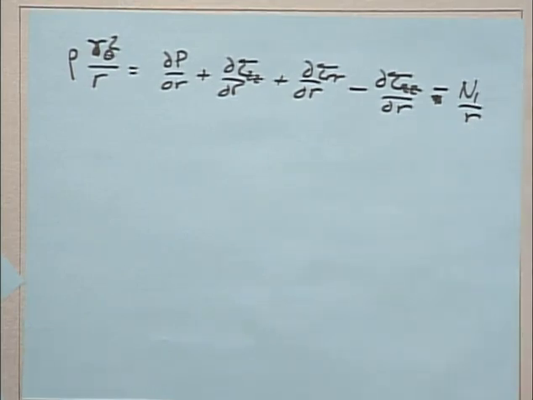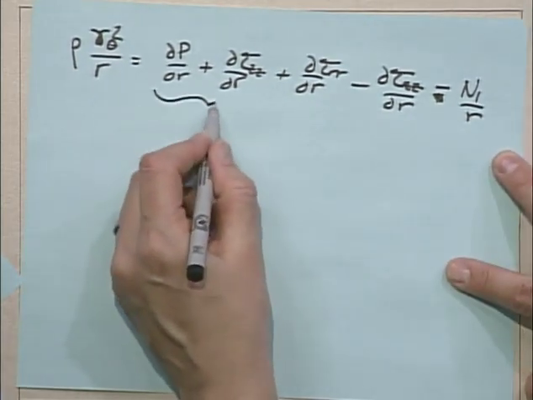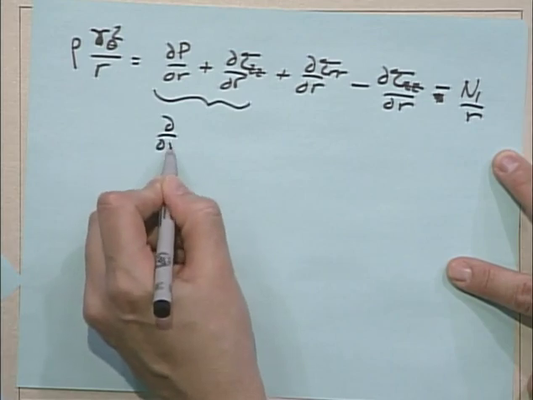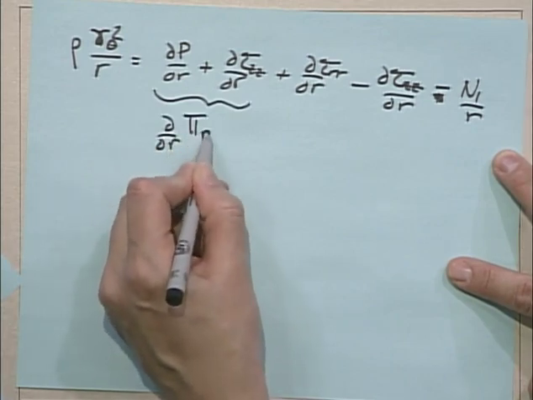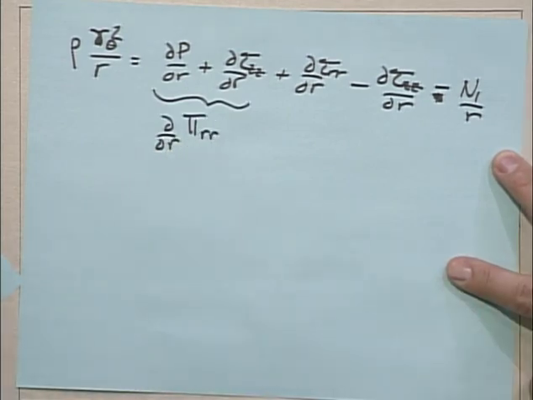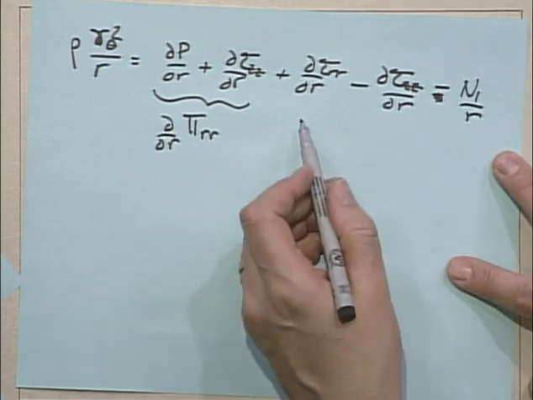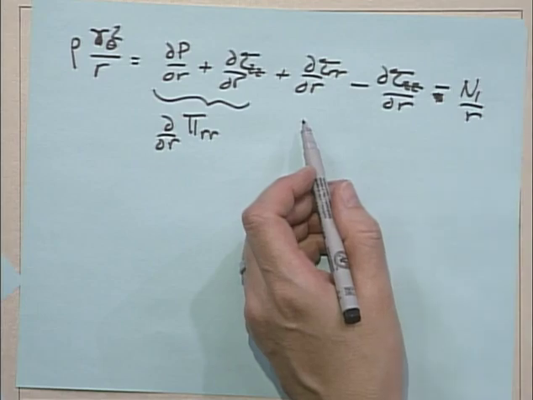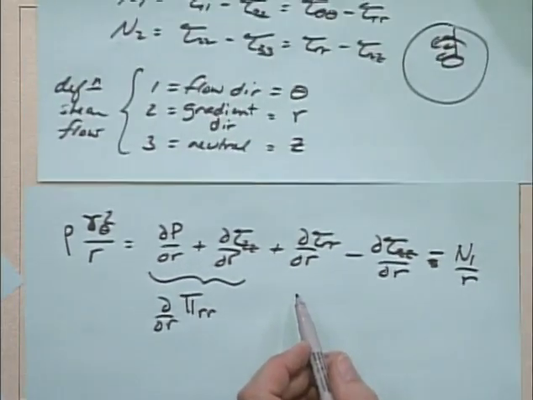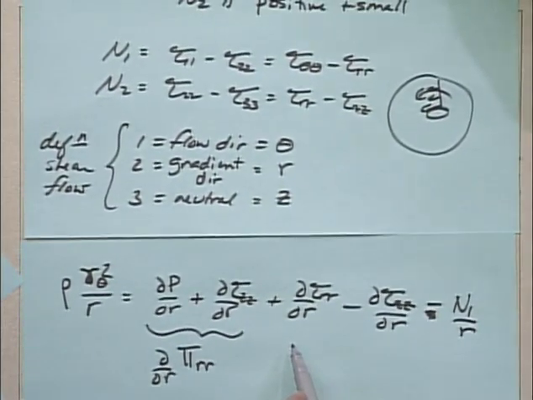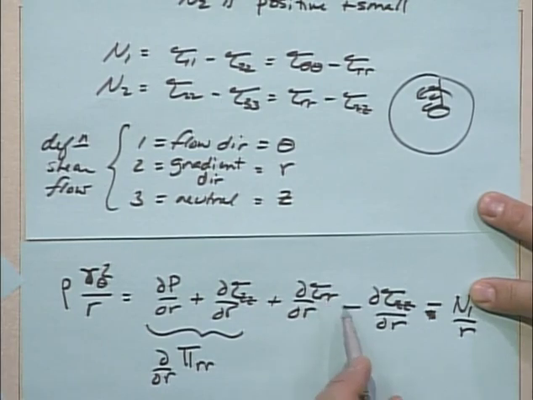So now I recognize this as d by dr of the thing I can measure, pi rr. And this, going back to my previous slide, n2 is tau rr minus tau zz.